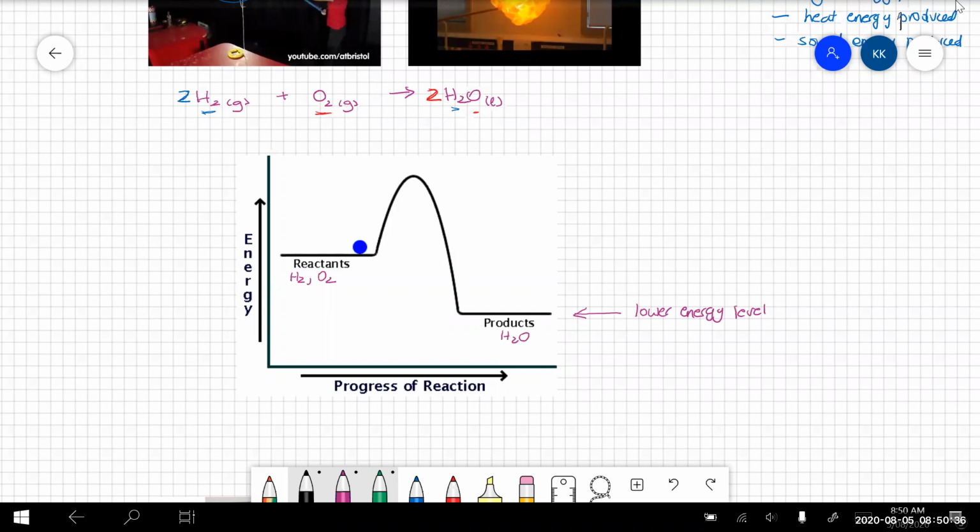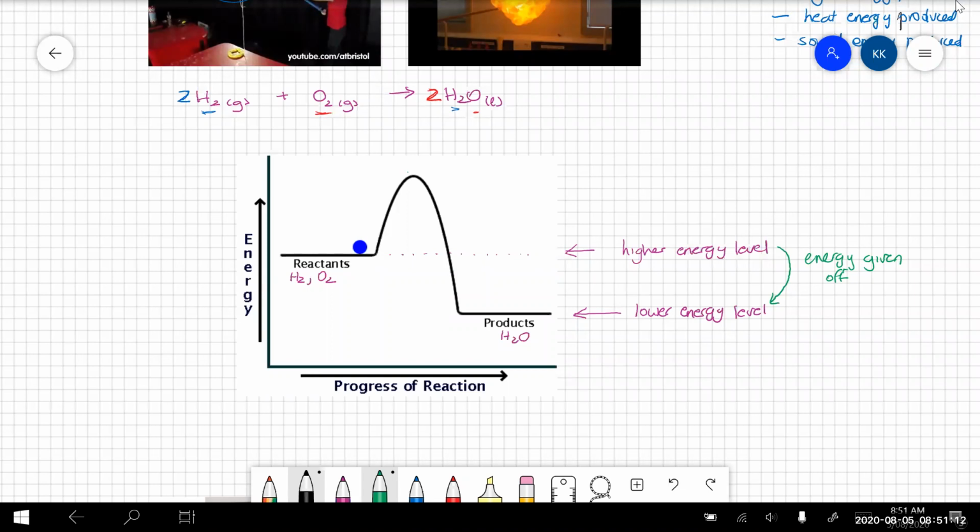And our hydrogen and oxygen, if we come across here, is at a higher energy level. And it makes sense then that if we started with something at high energy and we ended up with something at low energy, to go from high energy to low energy, there must be some energy given off. And we see that when we do this reaction.